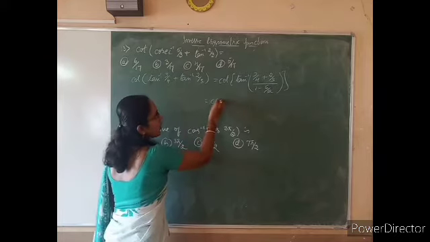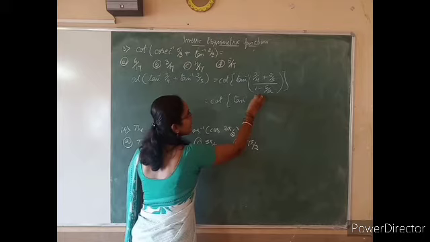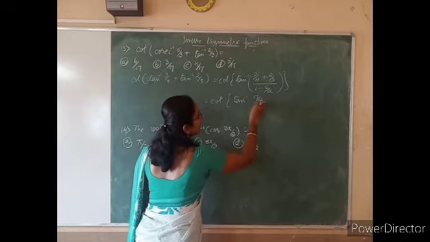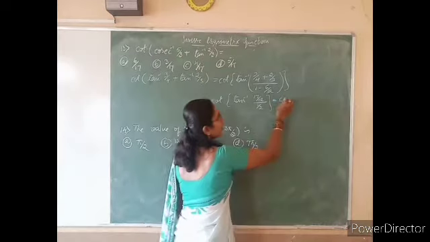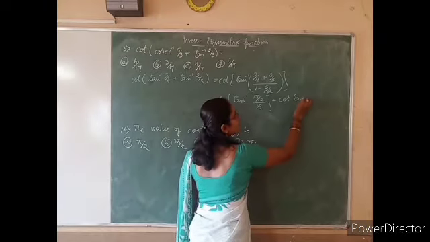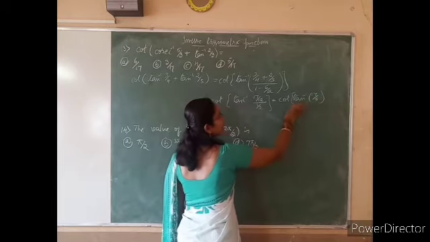So this is cot of tan inverse of, numerator 17 divided by 12 and denominator 1 divided by 2. Finally this is cot of tan inverse of 17 divided by 6.